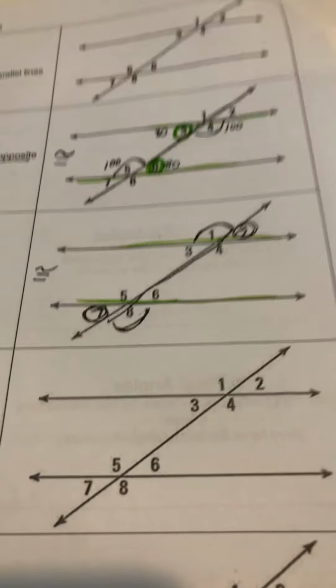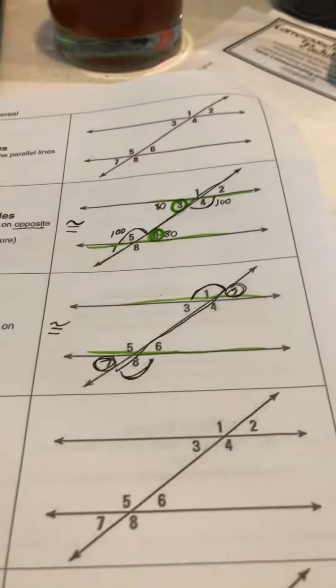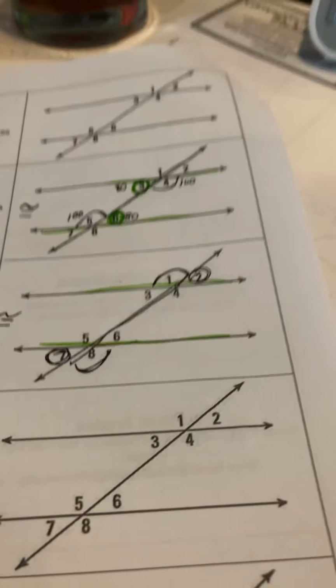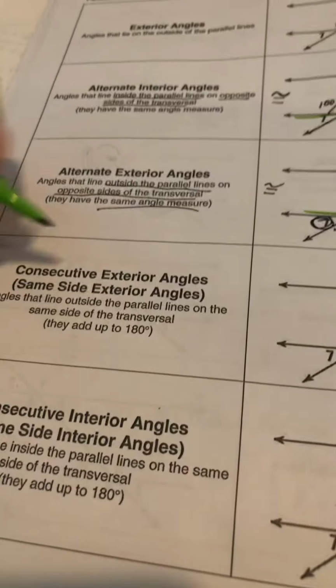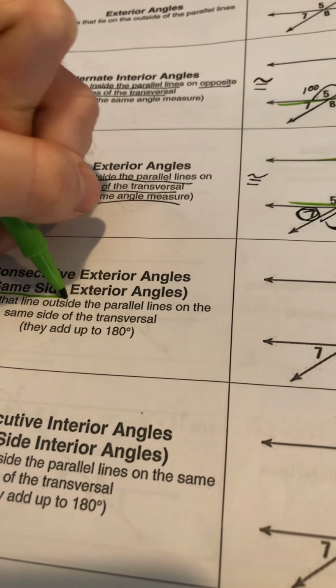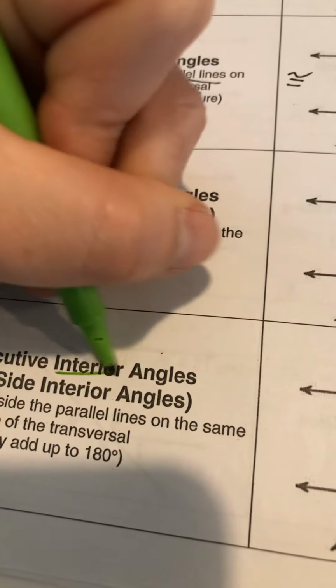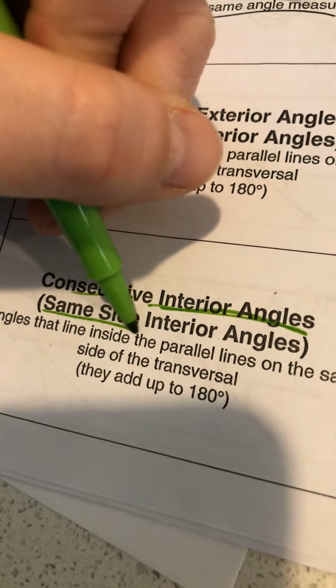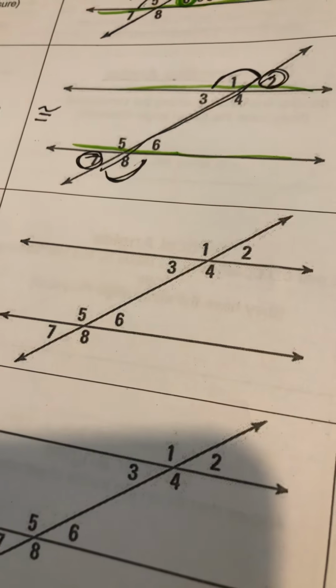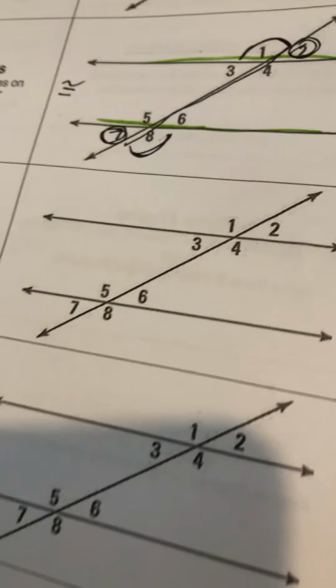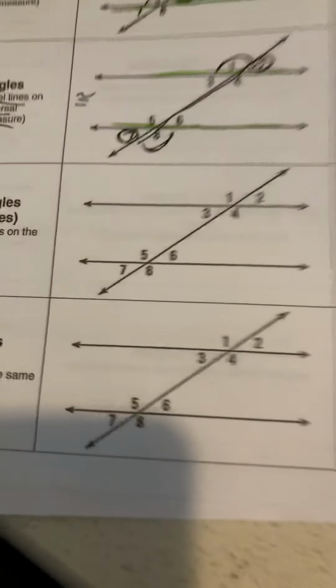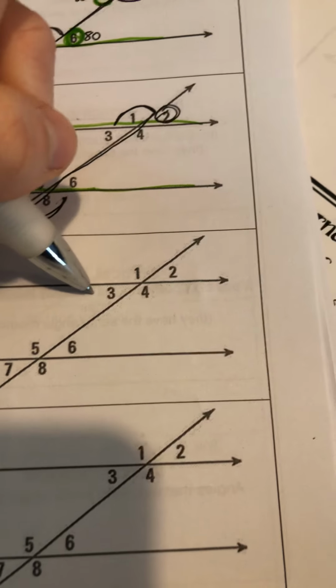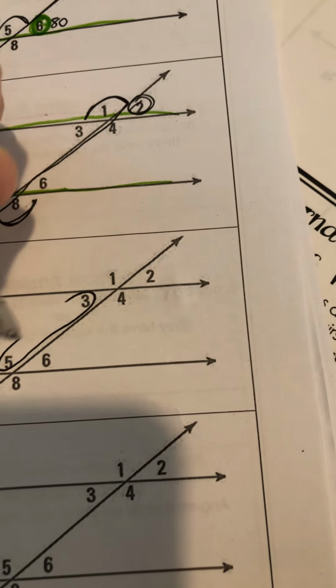The only other relationship you'll have that is not congruent, but supplementary, is consecutive interior angles. They're also referred to as same side interior angles. These are a pair of angles that are supplementary, which means they add to equal 180, and they're inside the parallel lines on the same side of our transversal.